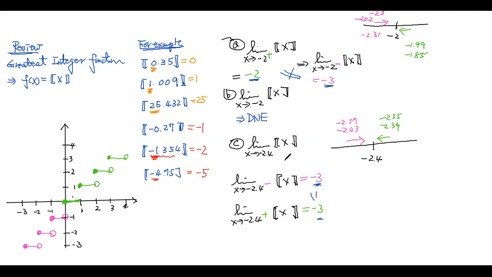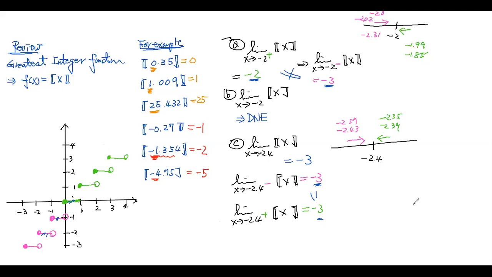So I know the limit when x approaches negative 2.4 is negative 3. It kind of makes sense, right? That's why if you take a look at the graph here, the limit will exist inside all those intervals. The only places where the limit will not exist are those jump points, right? So that's what part C is trying to show you.